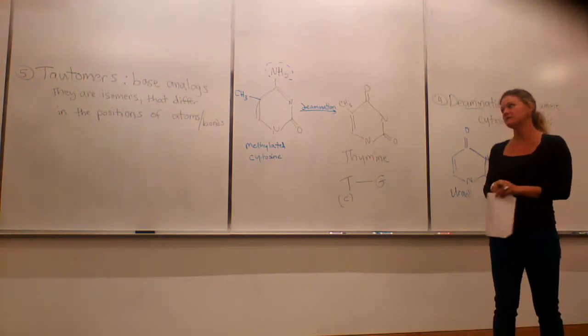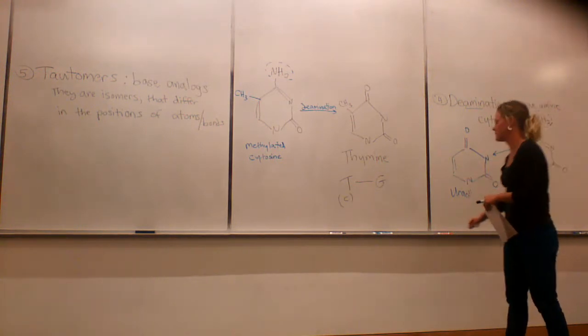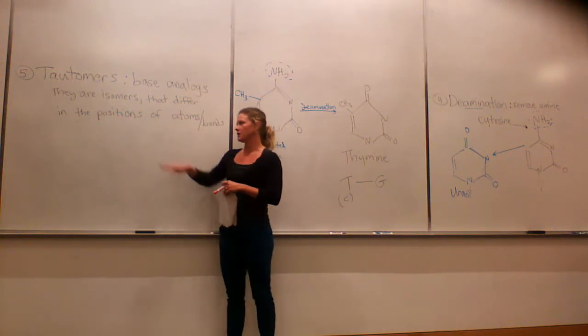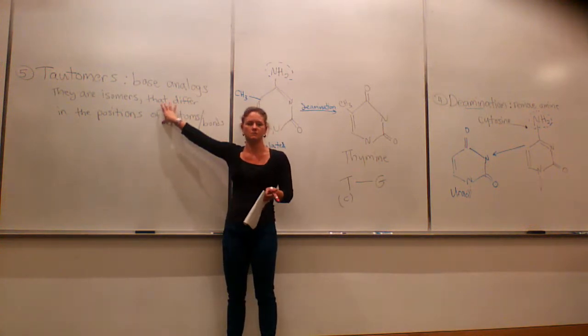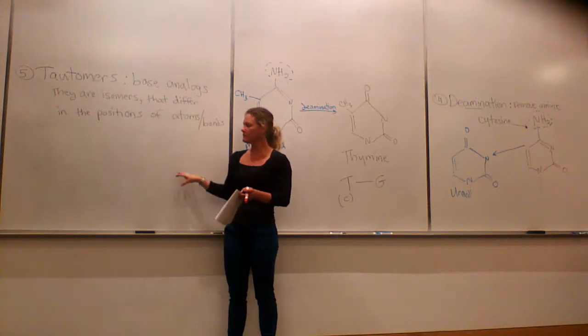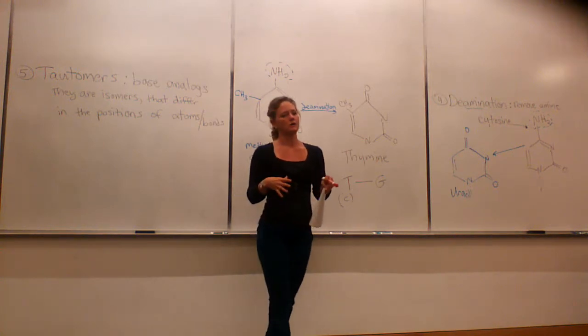The problem from a genetic standpoint is, and your book may or may not have pictures to show you what some of these look like, they somewhat resemble a normal base, but they're different. And the problem is that they can make abnormal hydrogen bonds.